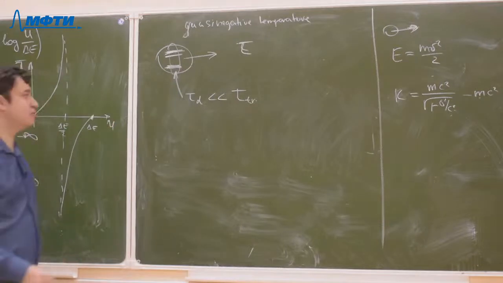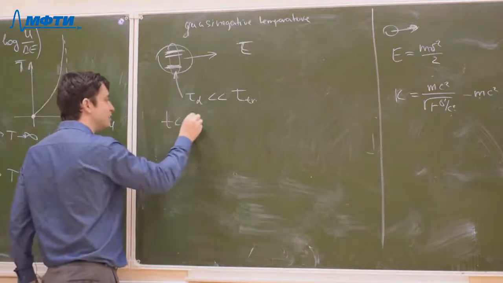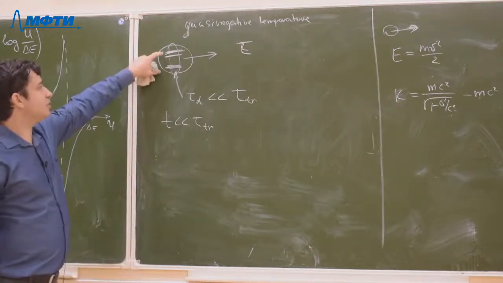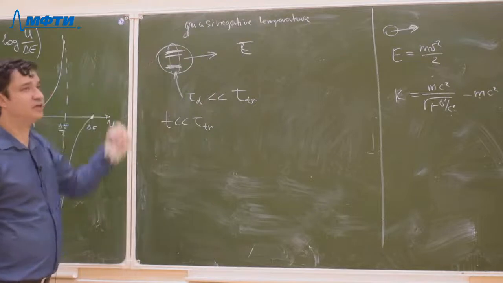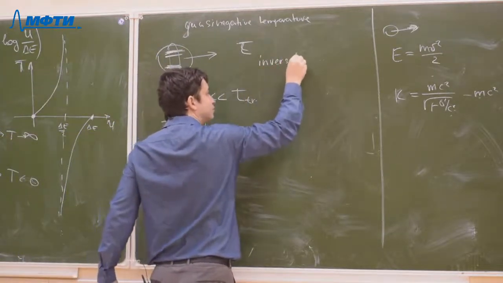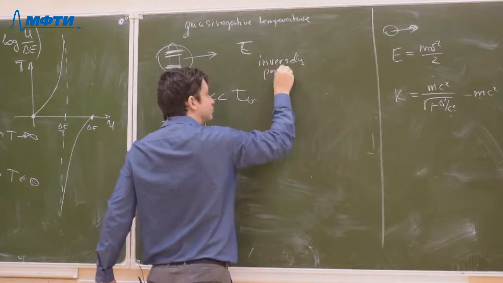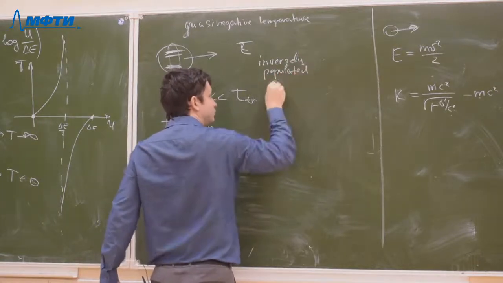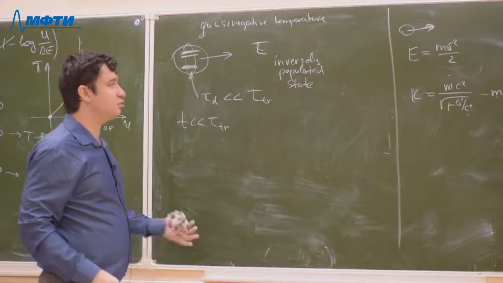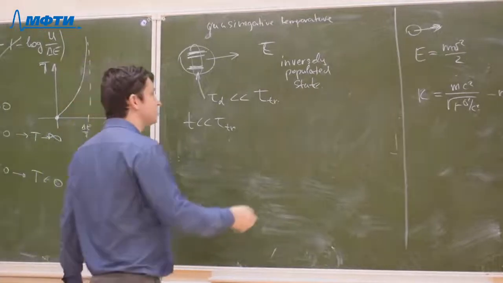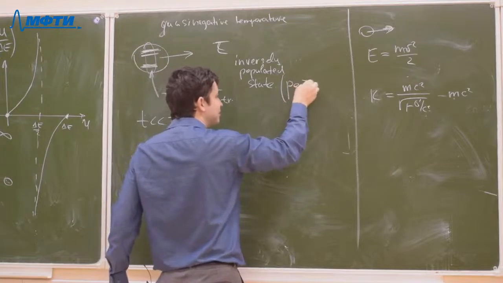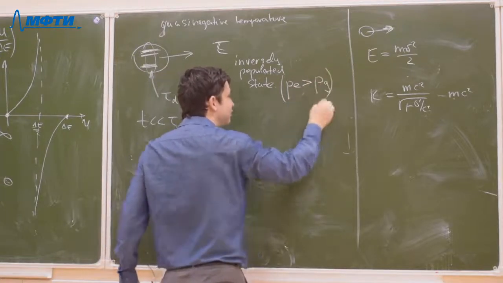Then for a certain amount of time t, which is much less than tau translational, we can prepare a system in a so-called inversely populated state. This state is called inversely populated because the probability for population of the excited states is greater than the probability for population of the ground state.